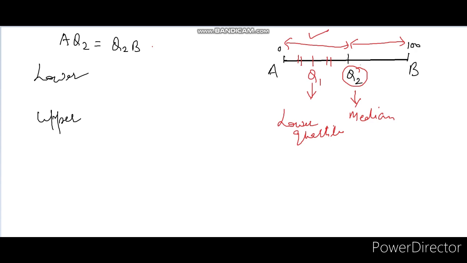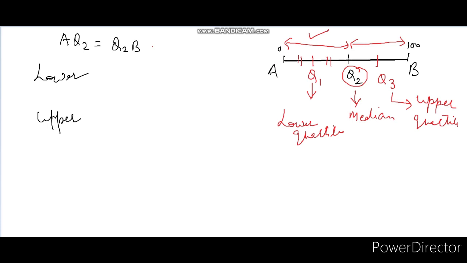In exactly the same way, take the middlemost value of the second half. Q2B was our second half, and we divide Q2B also into two equal parts; let us say that point is Q3. So Q3 is known as the upper quartile. Students, just see: the median divides the data into a first half and a second half.